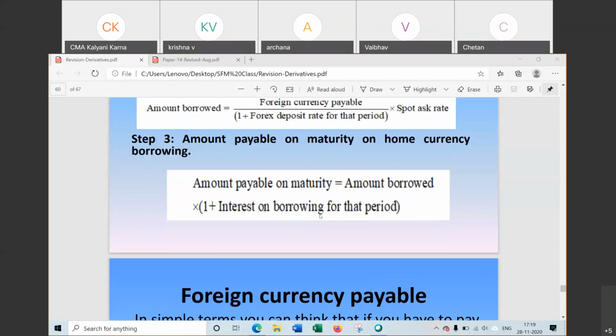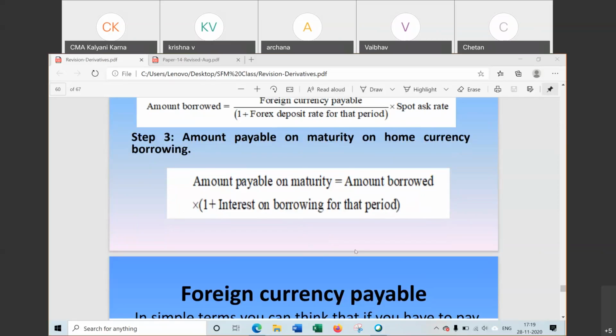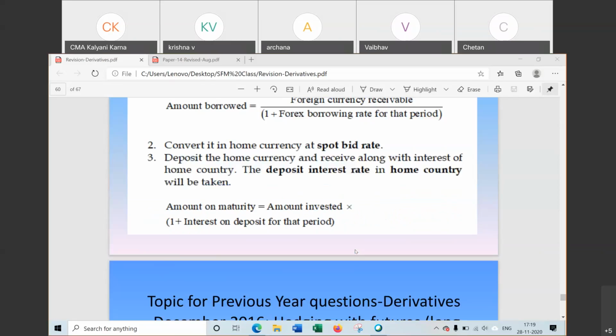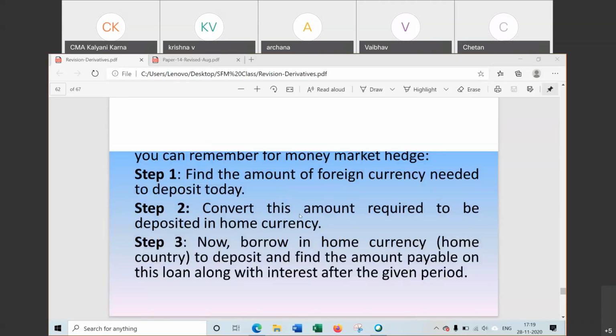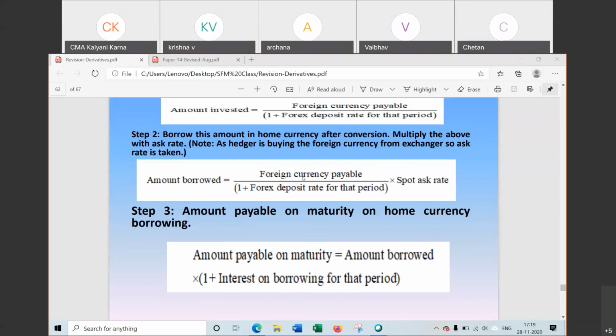And next step will be amount received on maturity: amount of investment plus interest on deposit, that is amount invested plus interest received on the amount of investment. So this is just the opposite of foreign currency payable.